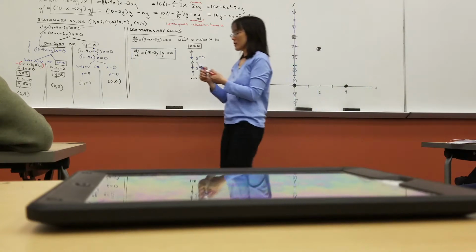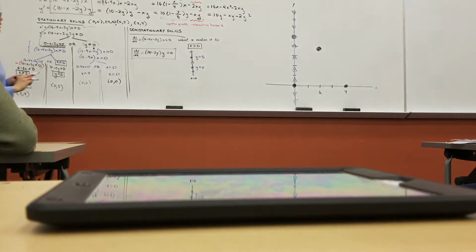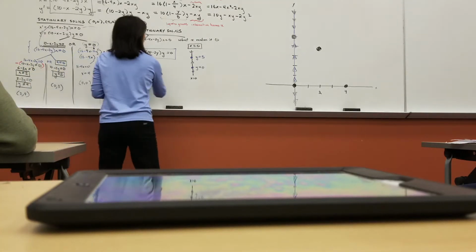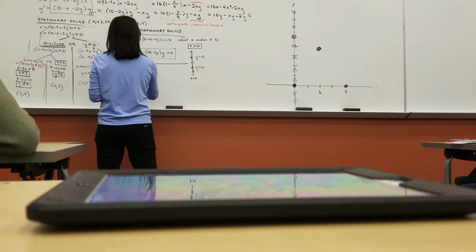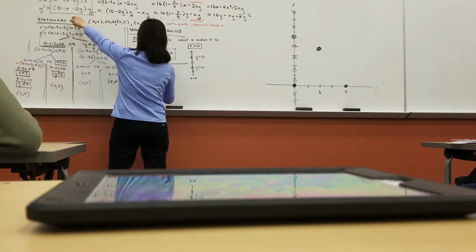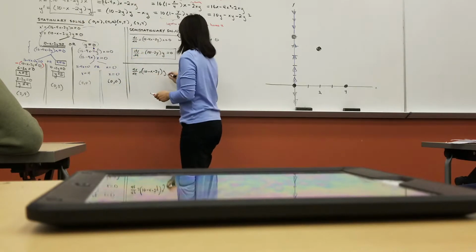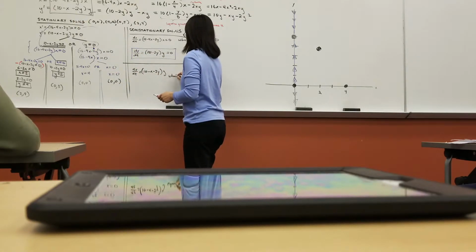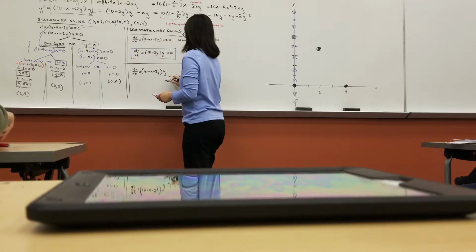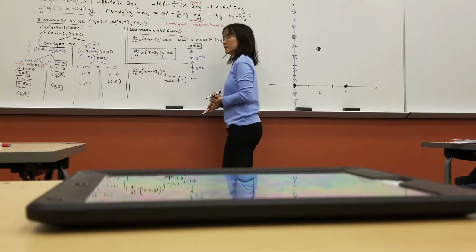Okay, so we'll do the other stationary solution, right? So we'll go ahead and we'll say dy/dt equals 10 minus x minus 2y, y. What y makes this 0? What y makes it 0?